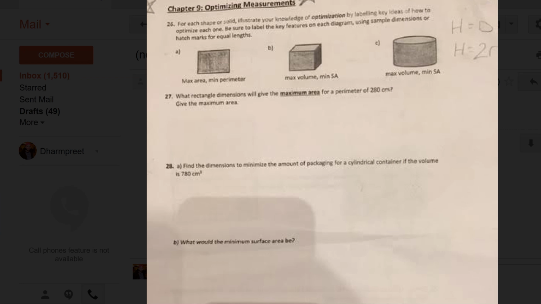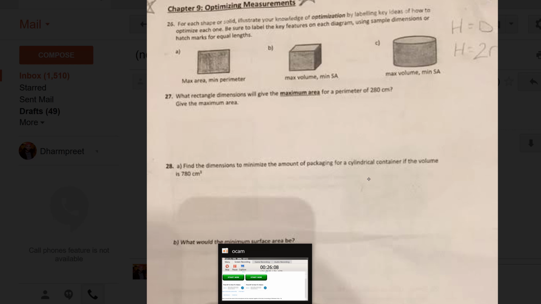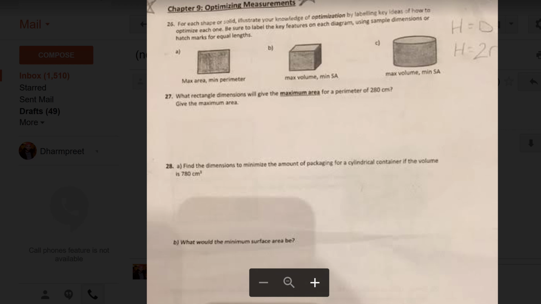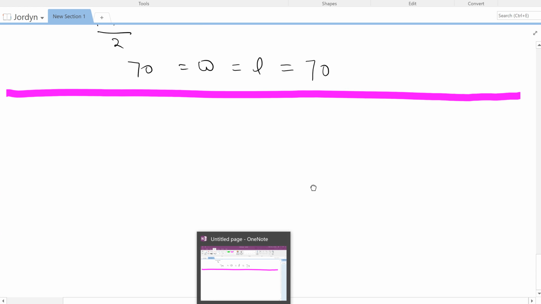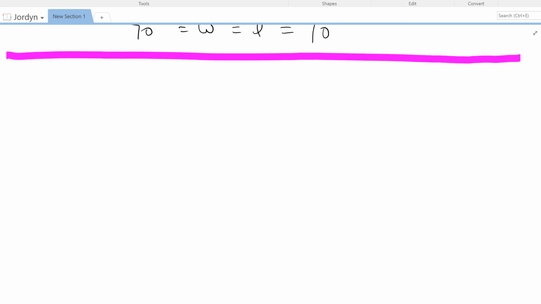Now find the dimensions to minimize the amount of packaging for a cylindrical container if the volume is given. The volume is 780, and this is a cylindrical container. So I make this shape there.